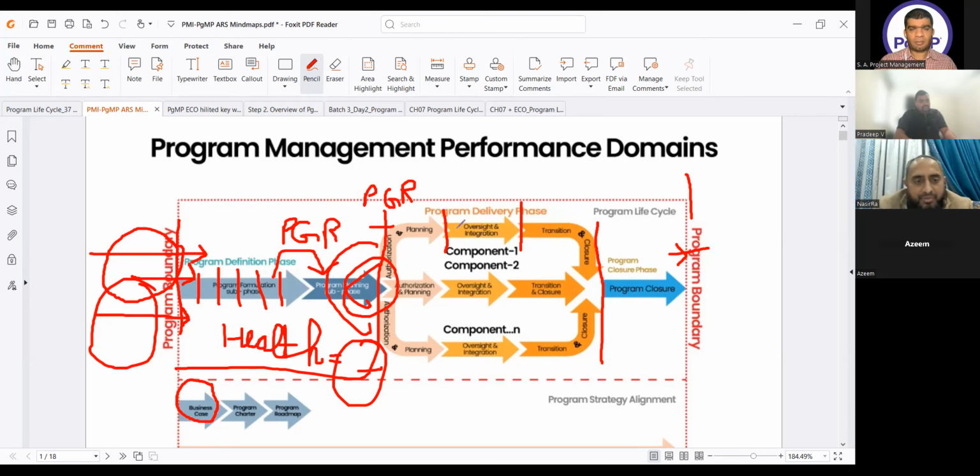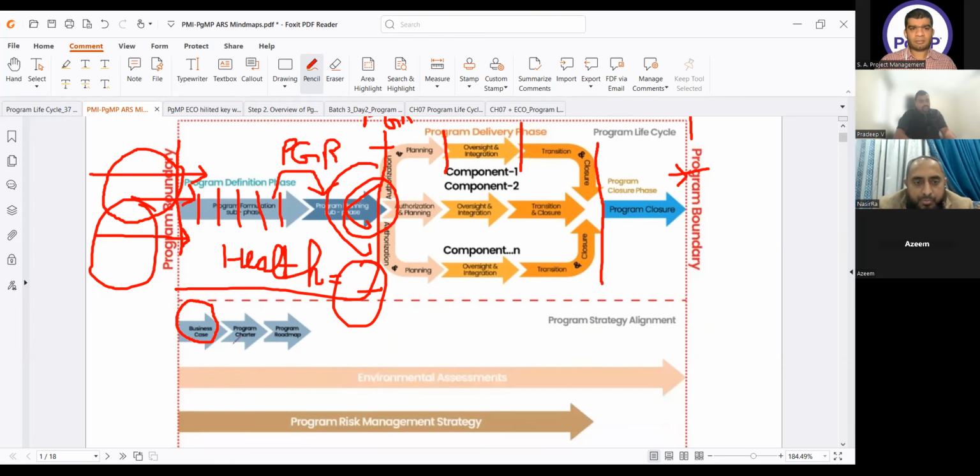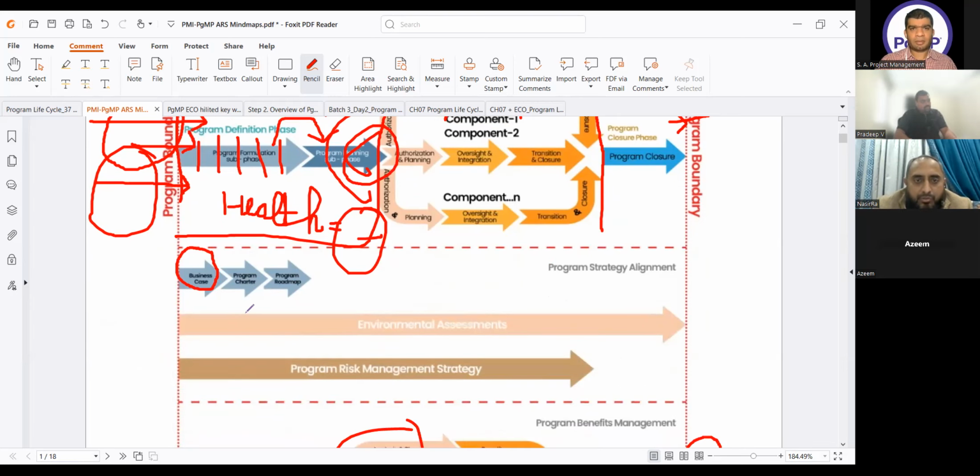In the program formulation phase, we make three documents: business case, program charter, and program roadmap. Then in the program planning phase, we make the program management plan, how we will manage our program. Then we move to the program delivery phase.